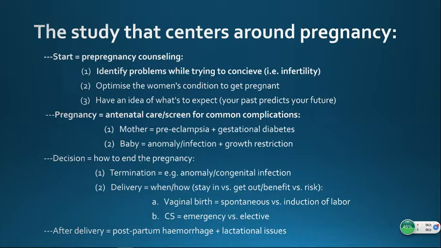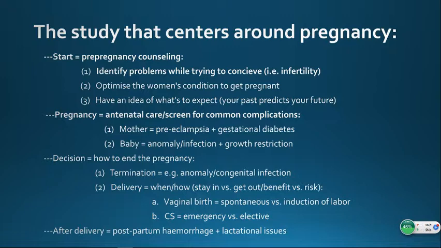But if you have bad control, or if you are having severe complications, that risk might be even more than the risk of increased perinatal mortality or morbidity with a preterm birth. So you will deliver the baby before 37 weeks in this case.